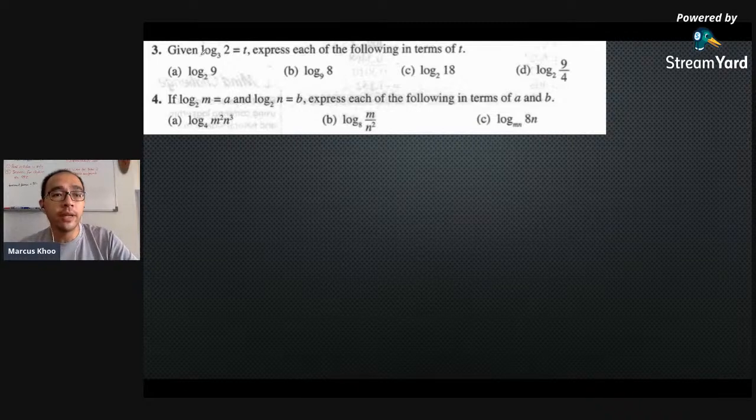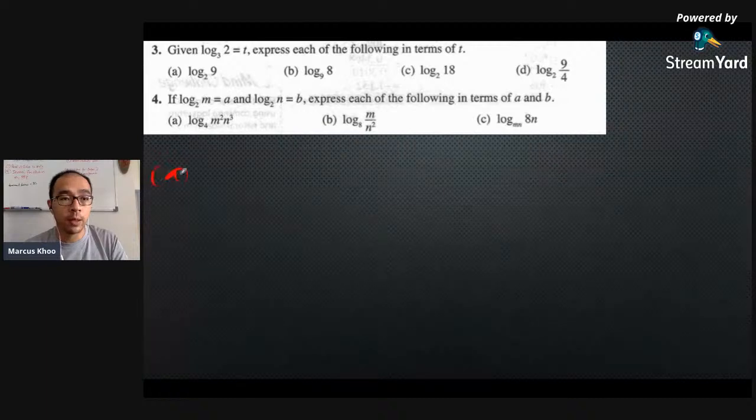Okay, so given that log_3 2 equals t, express each of the following in terms of t. Let's start with this. We find that the base is 3. Let's take a look at log_2 9.